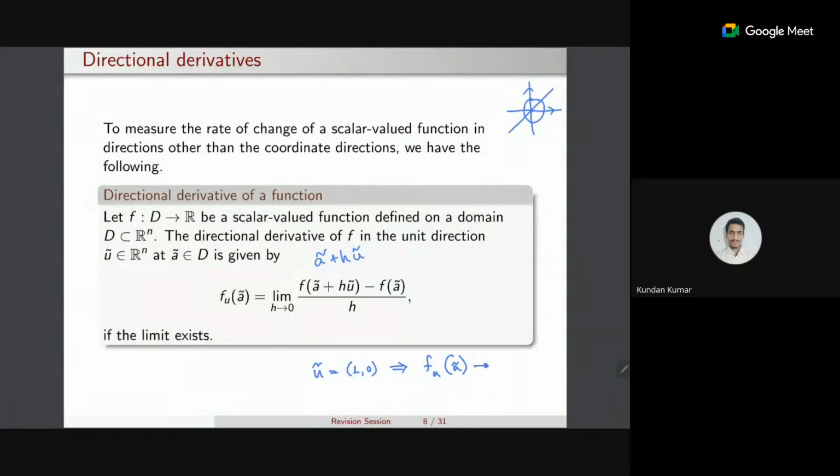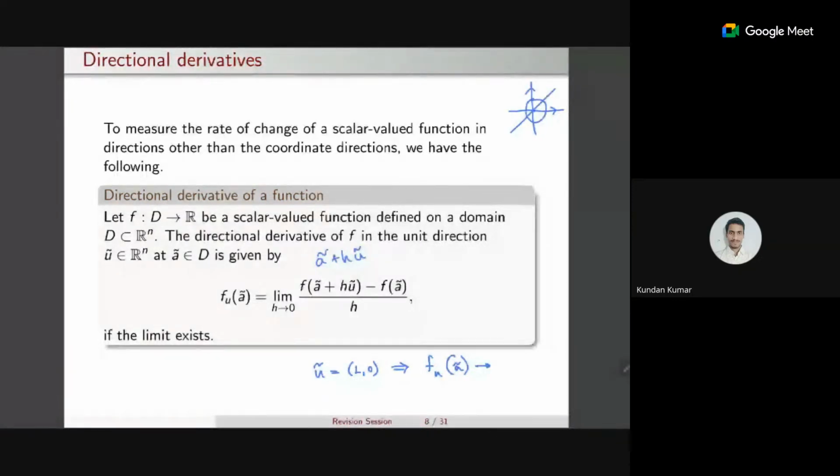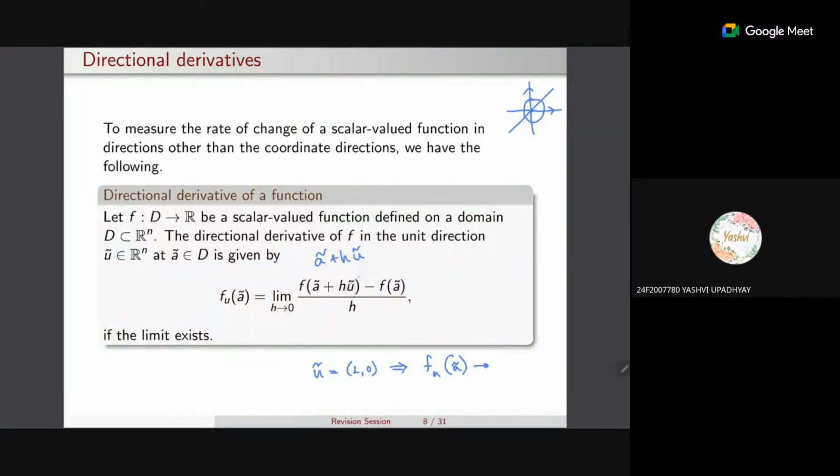Let's say we have a 2-variable function and I take the unit direction to be (1, 0). What happens if I substitute (1, 0) over here? (h, 0). So this becomes the partial derivative with respect to x. y is constant.